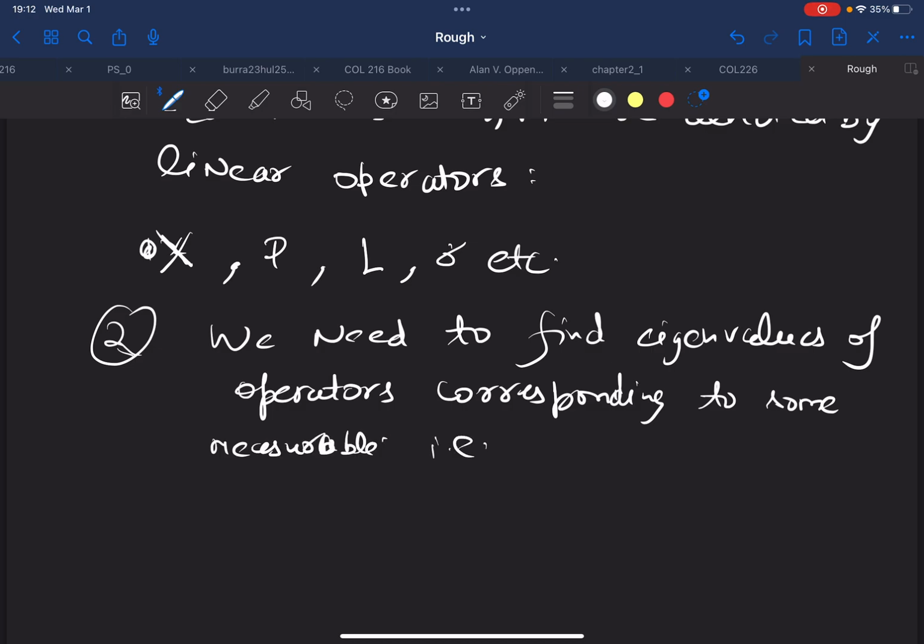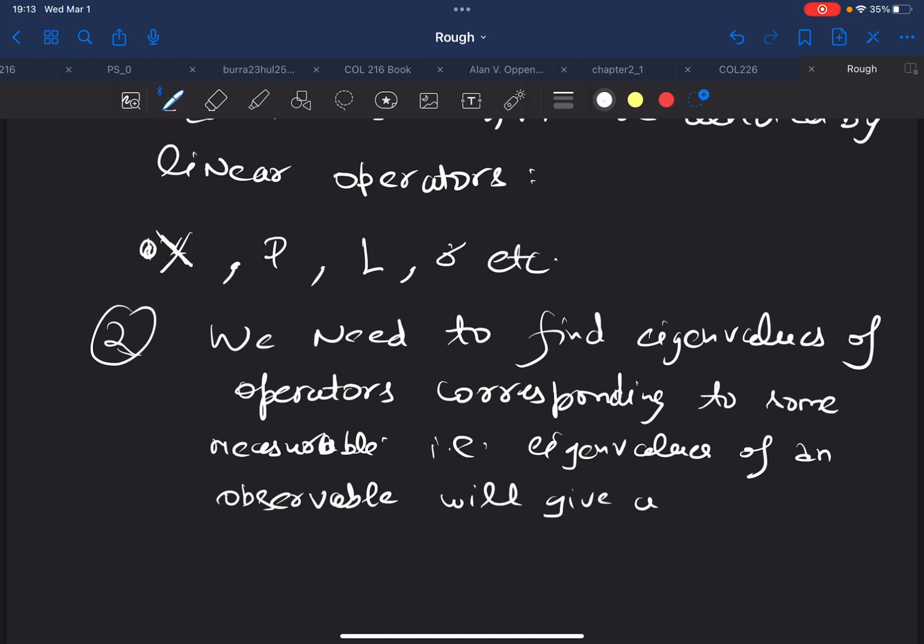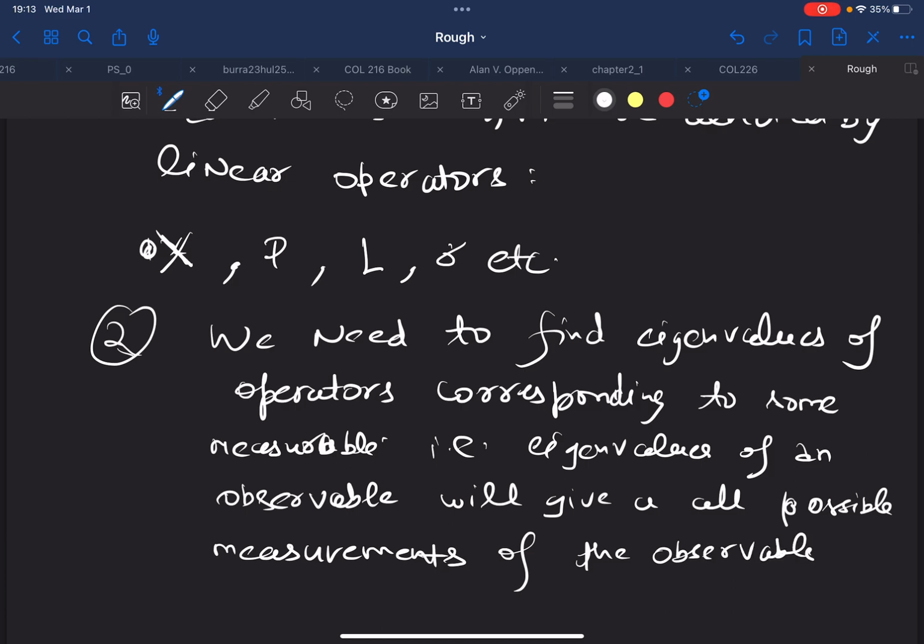That is, the eigenvalues of an observable will give you all possible measurements of the observable.